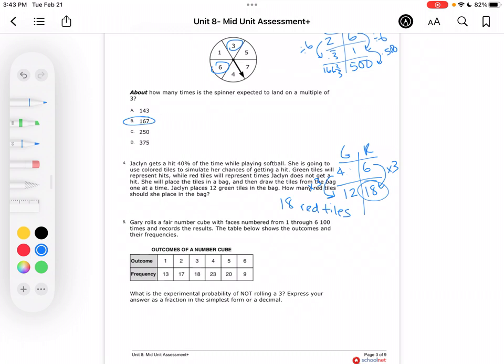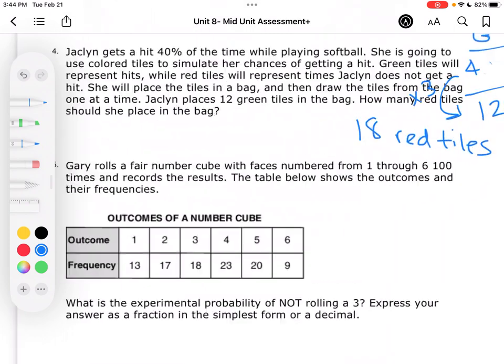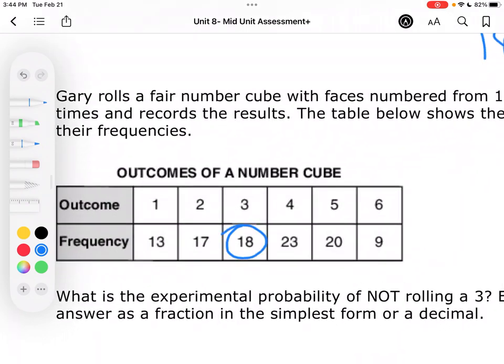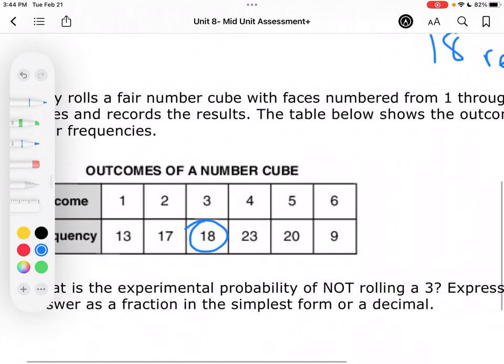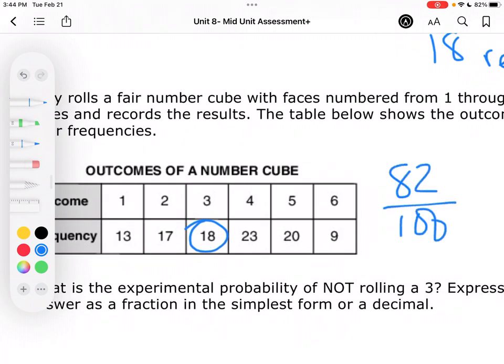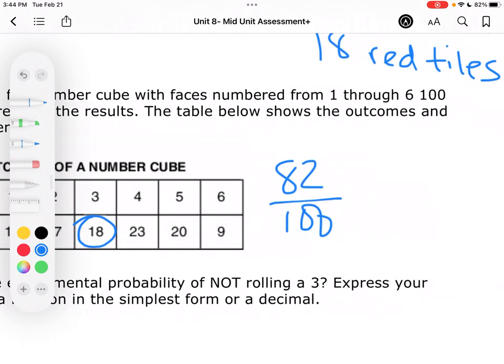Gary rolls a fair number cube with 1 through 6 100 times and records the results in the table below. What is the experimental probability of not rolling a 3? So not rolling a 3. So if I got a 3 18 times, that means that 82 out of 100 times I must have gotten something else.